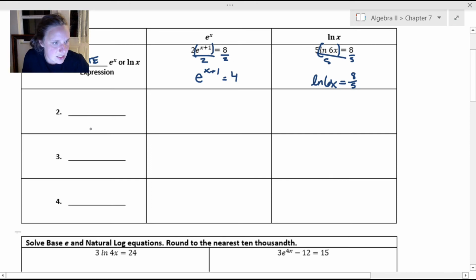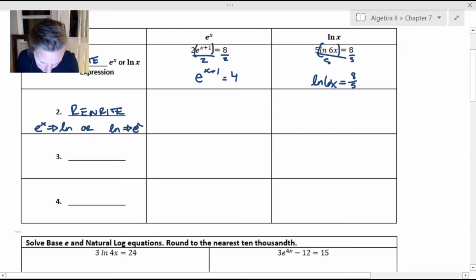Step 2 is to rewrite. We practiced this already. We're going to rewrite as natural logs or e. So we're going to take our e to the x and make it into a natural log. Or we're going to take our natural log and move it into an e to the x.